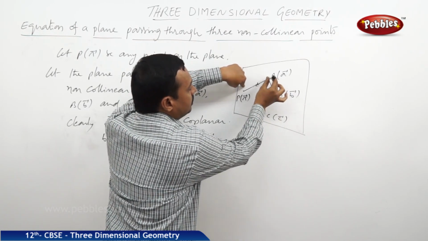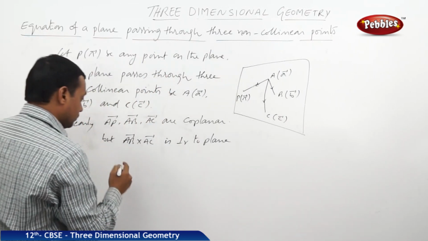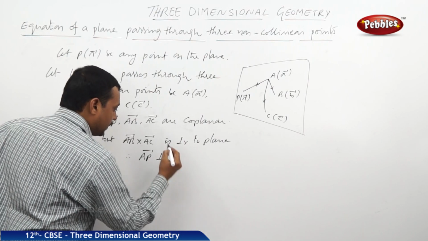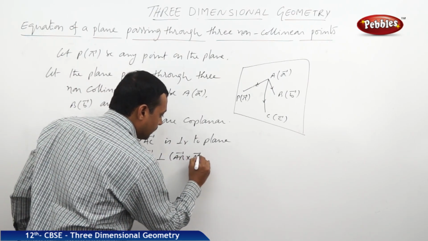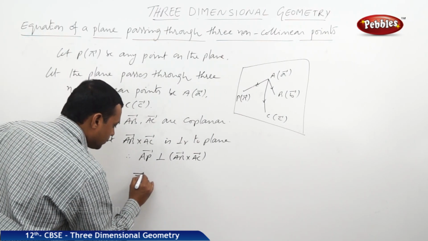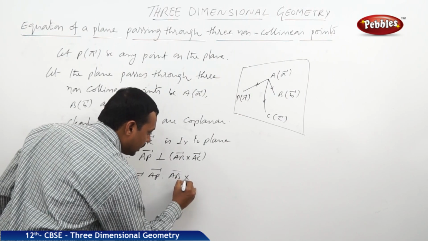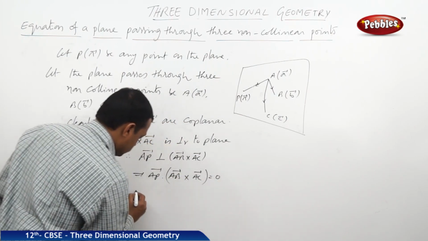So AB cross AC and AP are perpendicular to each other. Therefore, AP vector is perpendicular to AB cross AC. This implies AP dot AB cross AC is equal to 0.